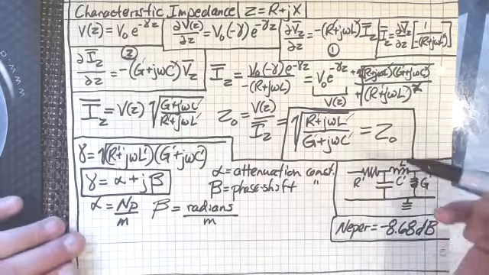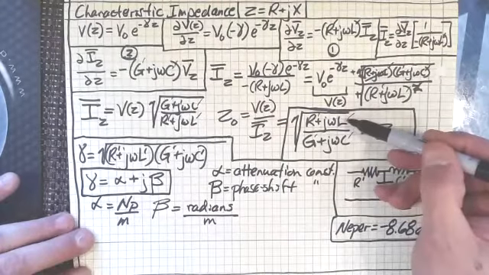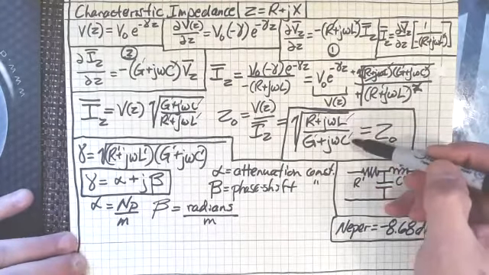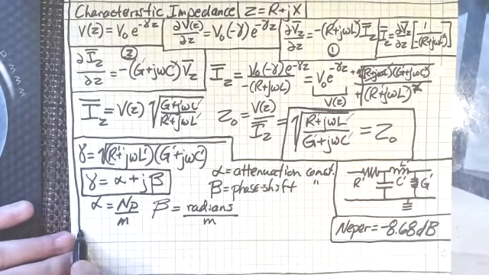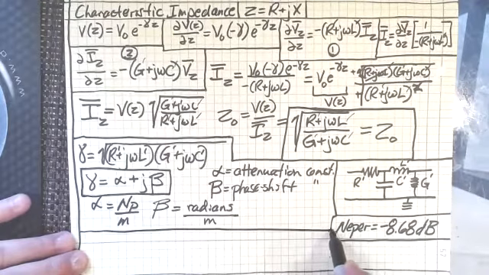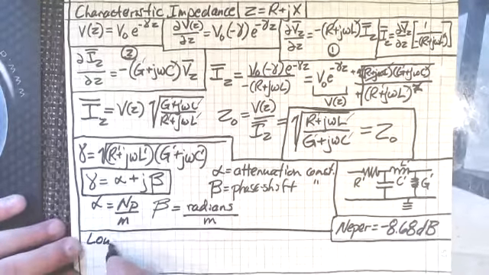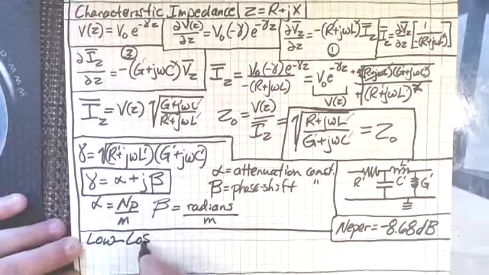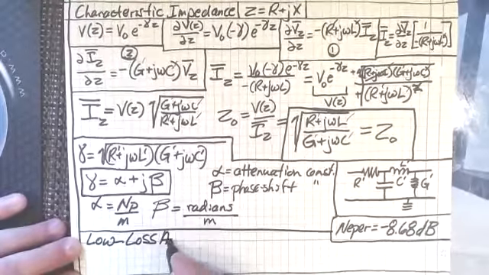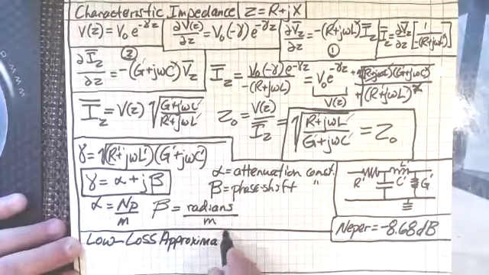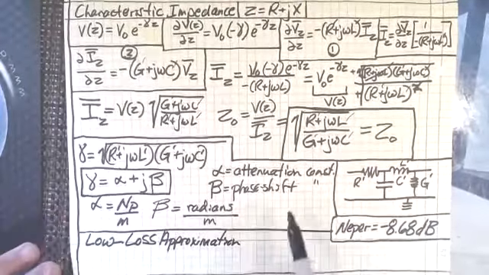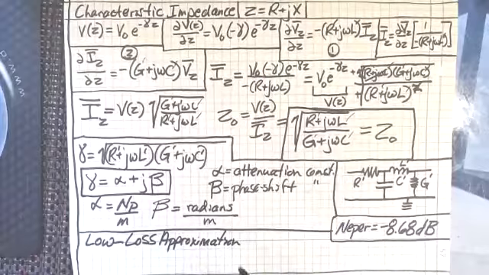And once we find the propagation constants, we can use this. Now, why did an instructor of mine a long time ago say L over C, L prime over C prime? Now, there is what's called a low loss approximation, and that's a low loss approximation to both the characteristic impedance as well as the propagation constant.